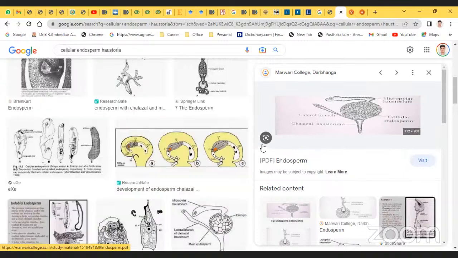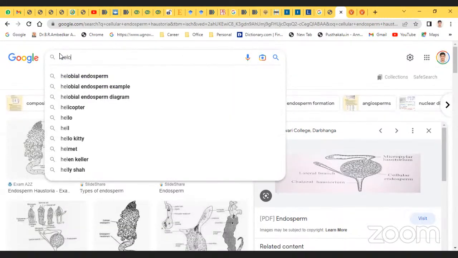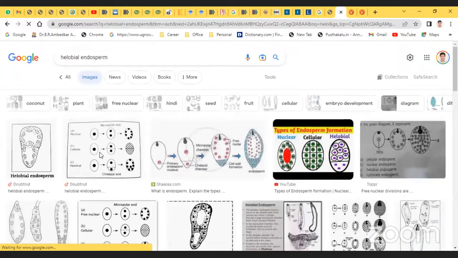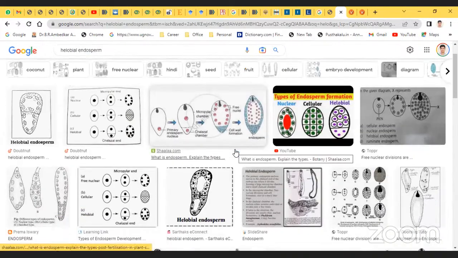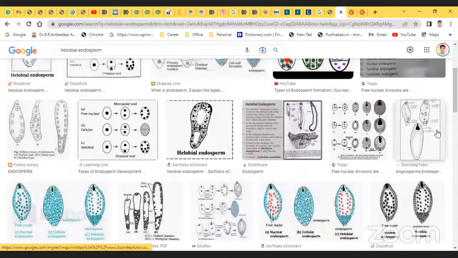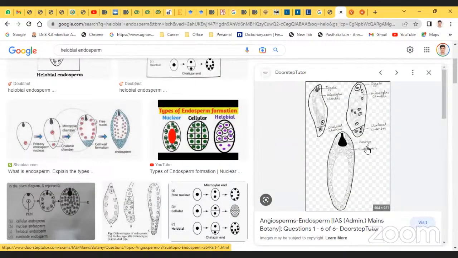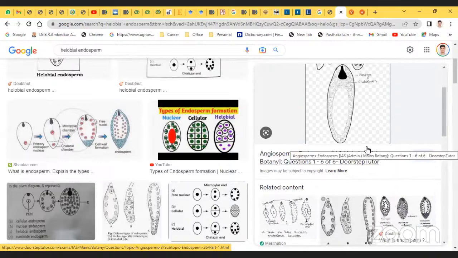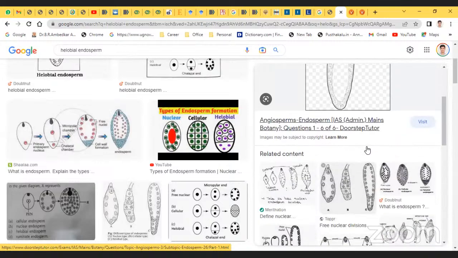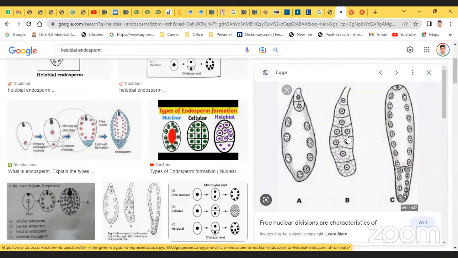So next one is helobial. This one is the helobial endosperm, like this image.